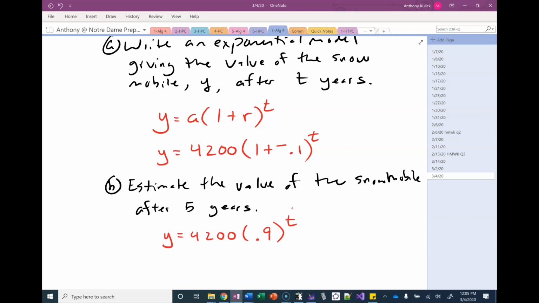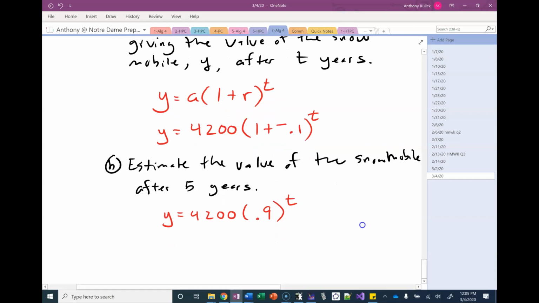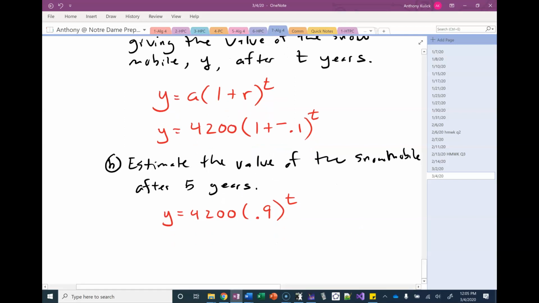Yeah, exactly. 1 plus the negative 0.1 gives me the 0.9, so I just simplified there a little bit. Which variable are we looking for, y or t? We're looking for y because it's the value of the snowmobile, right? So what am I going to have to plug in? A value for t. In this case, what would that value of t be? 5.